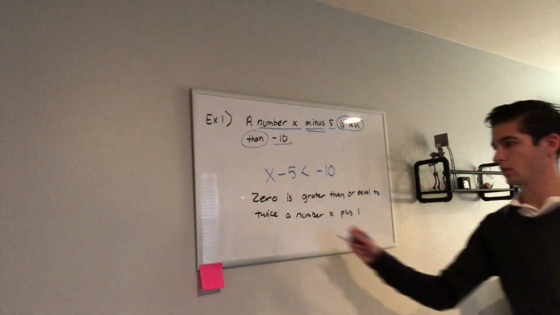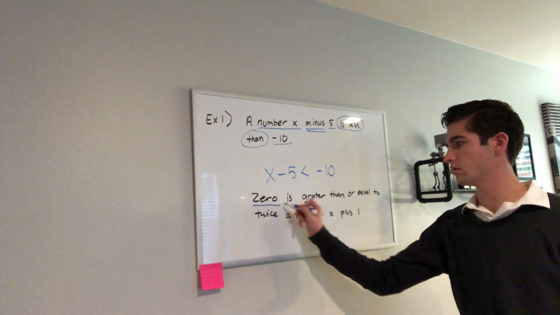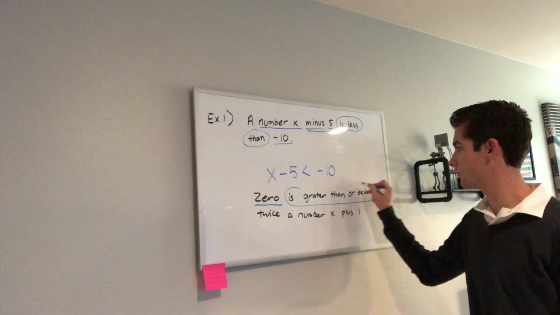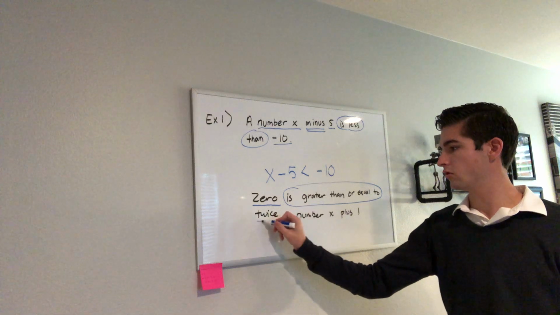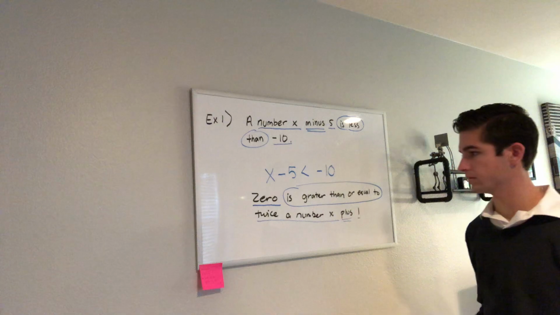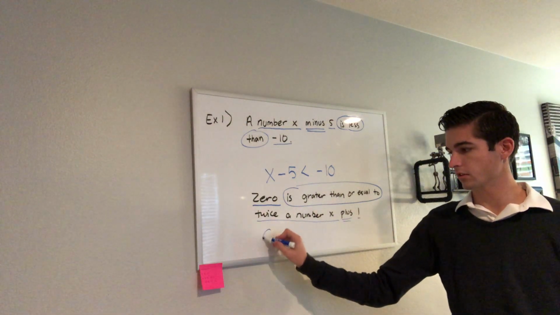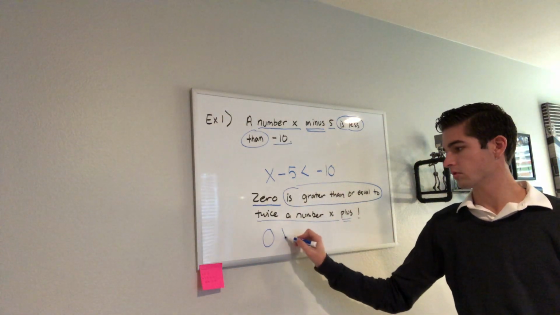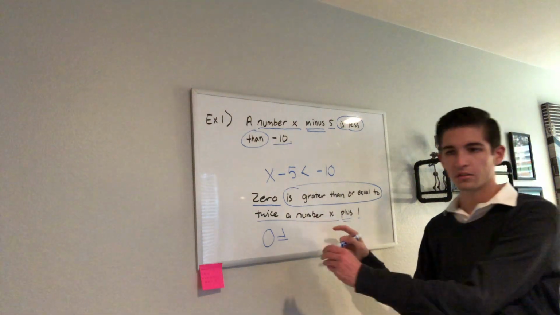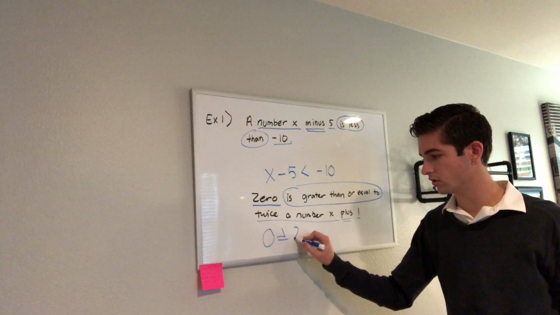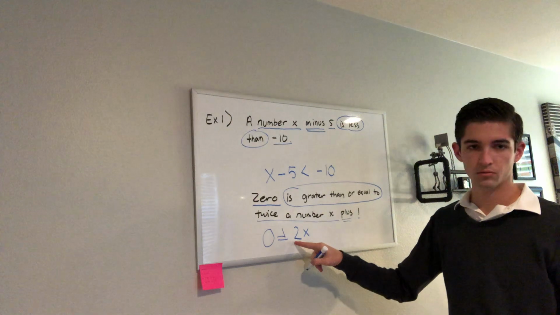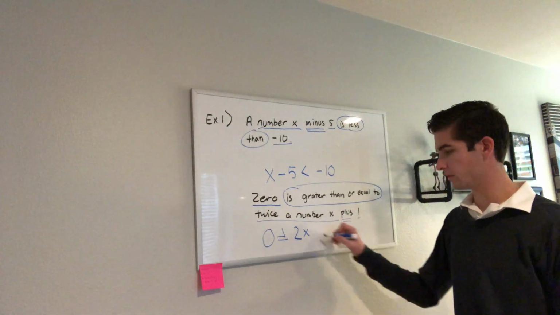So we have 0 is greater than or equal to twice a number x plus 1. What is twice the number? Twice the number is going to be 2x, right? So whatever x is, we're going to take twice of it. And then plus 1.